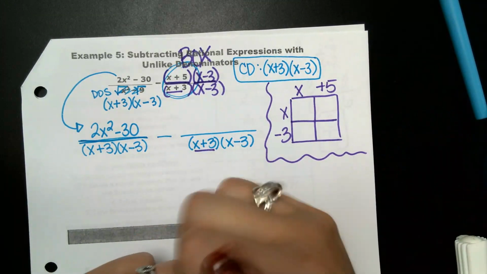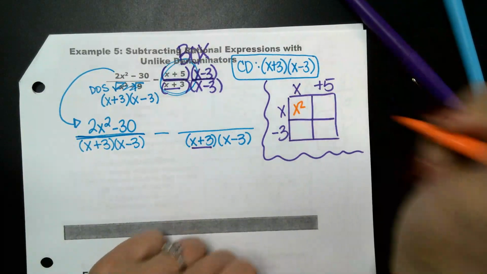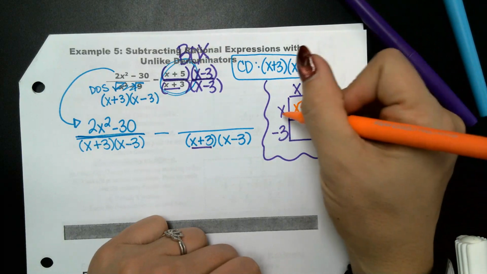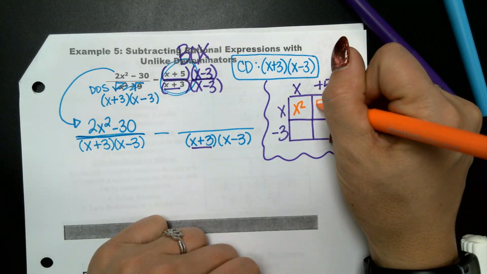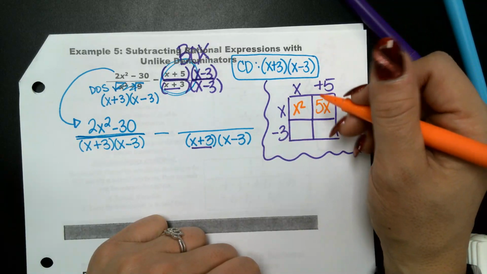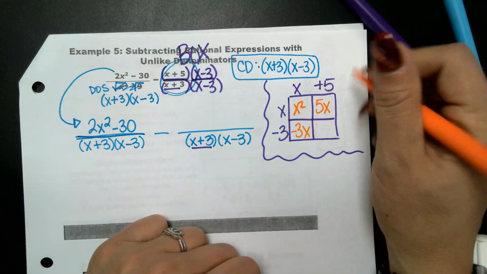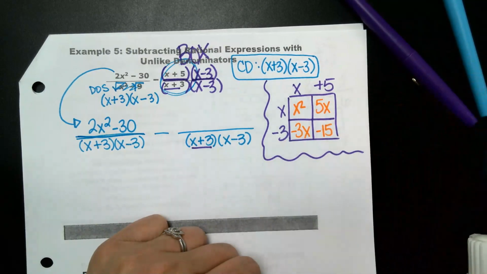What is x times x? X squared. What is x times 5? 5x. And then negative 3 times x. And negative 3 times 5. Negative 15.